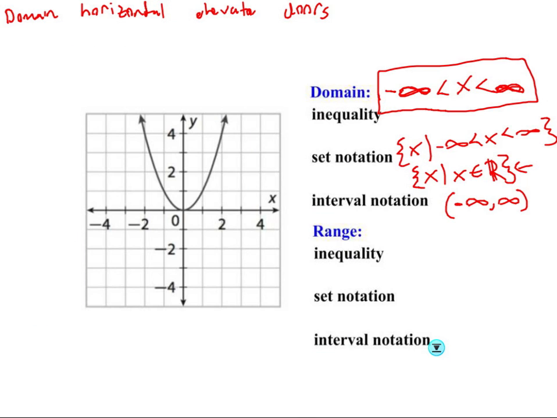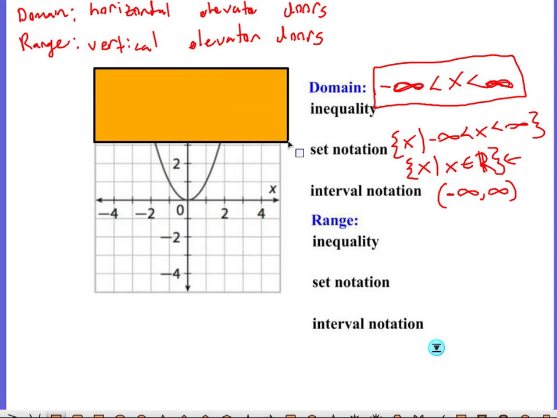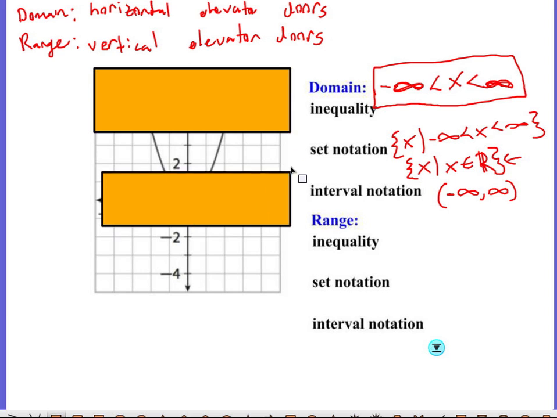That means we need to look at the range now. Now for the range, we use vertical elevator doors. So here are my vertical elevator doors.